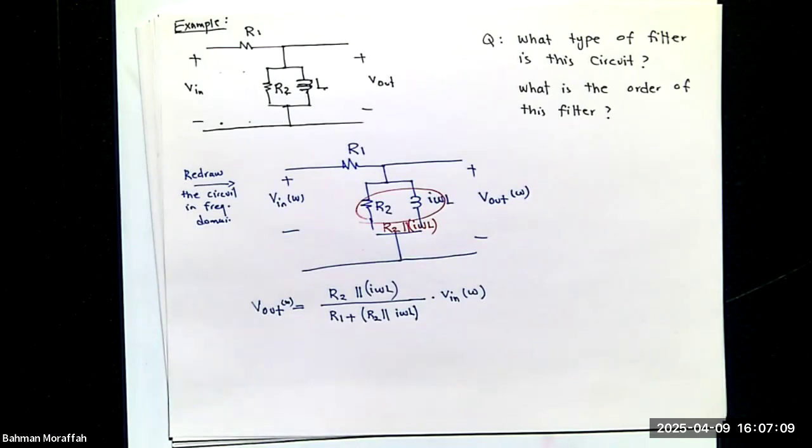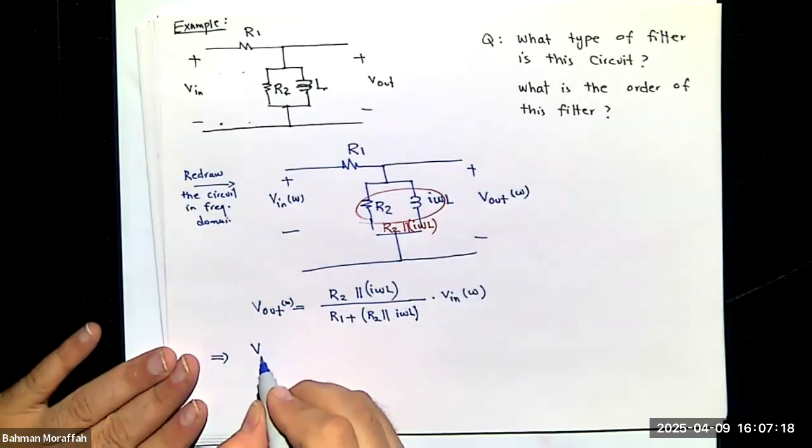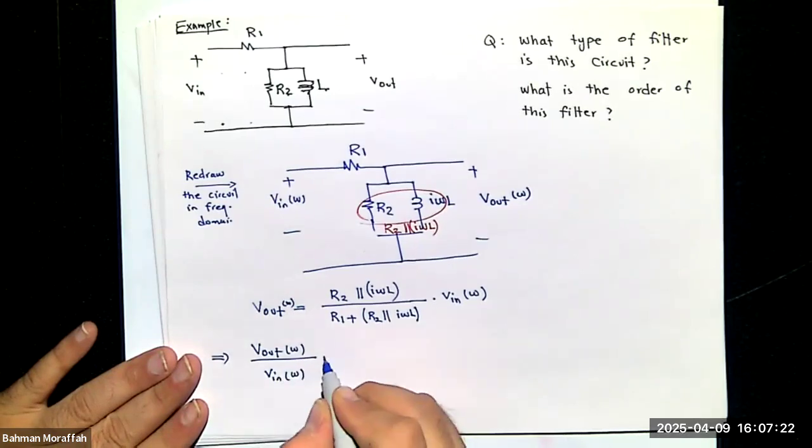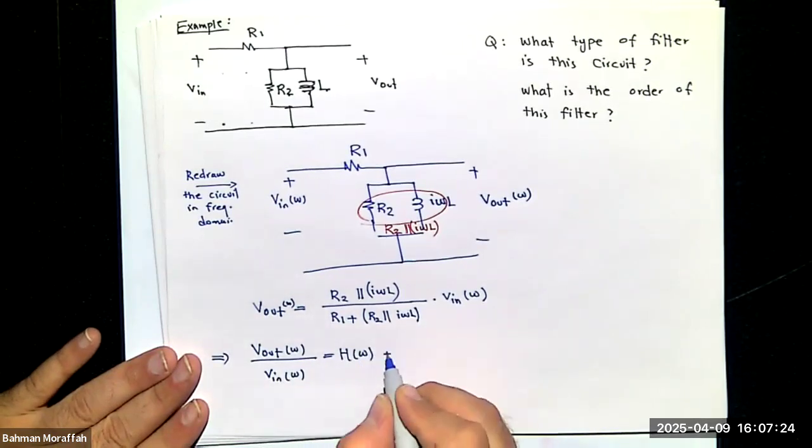So what is my frequency response? Basically this portion of it. So I have V out of omega divided by V in of omega, which is H of omega.